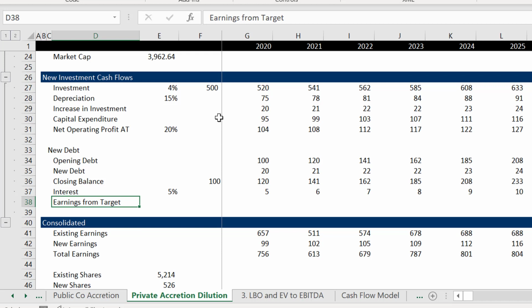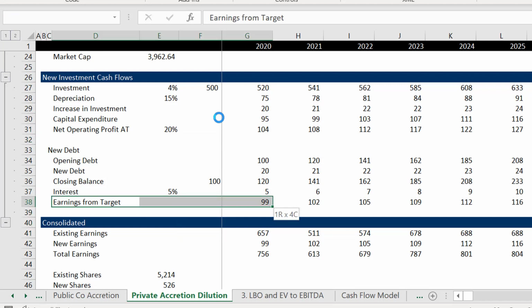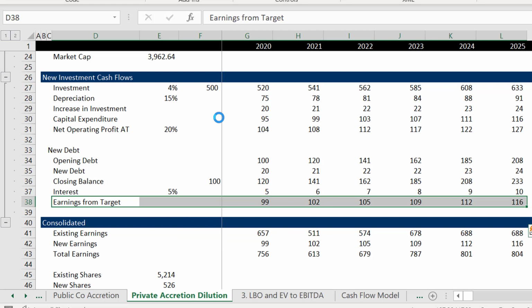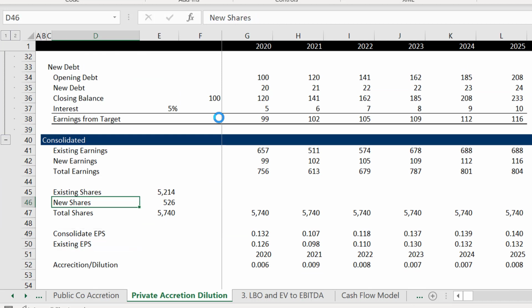Okay, so then we take our profit after tax. We should really subtract the tax effect of the interest too. Okay, I'm not even doing that. And then we get our earnings from our target. Okay, I'm leaving out taxes. Of course, you could make this much more complicated.